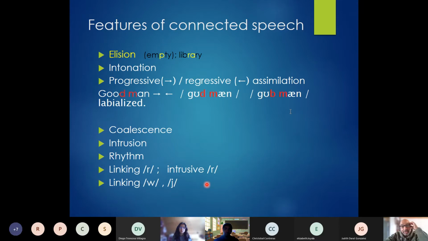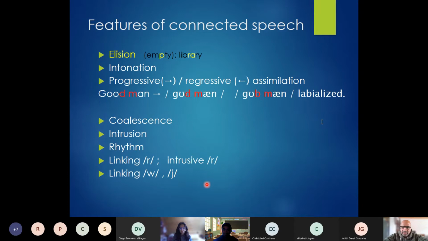So how do we call it? Do we call it progressive assimilation or regressive assimilation? What are your thoughts about this? I think it's regressive. Regressive, I think, yeah. I also agree with you, but I'm totally fine if someone disagrees. If you have an explanation and an argument, we can discuss it.